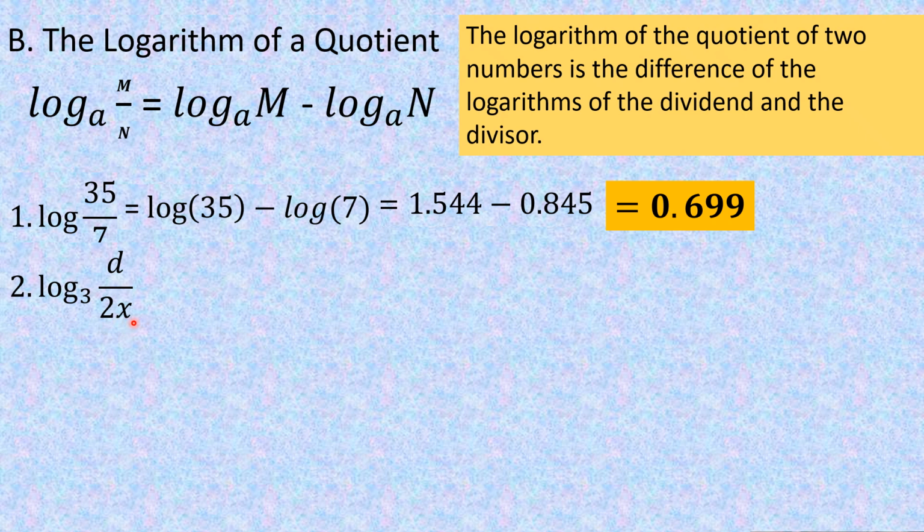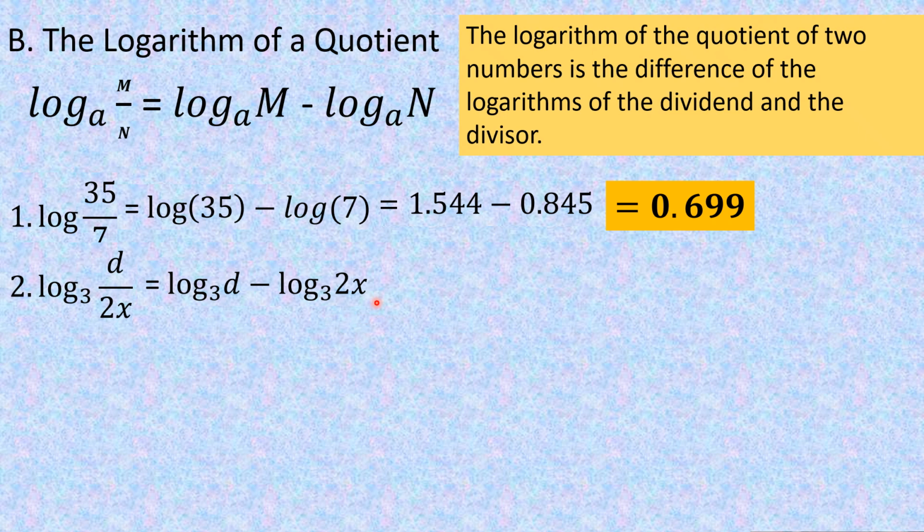Applying first the logarithm of a quotient, it will be the logarithm of d, our dividend, to the base 3 minus the logarithm of 2x to the base 3, our divisor.